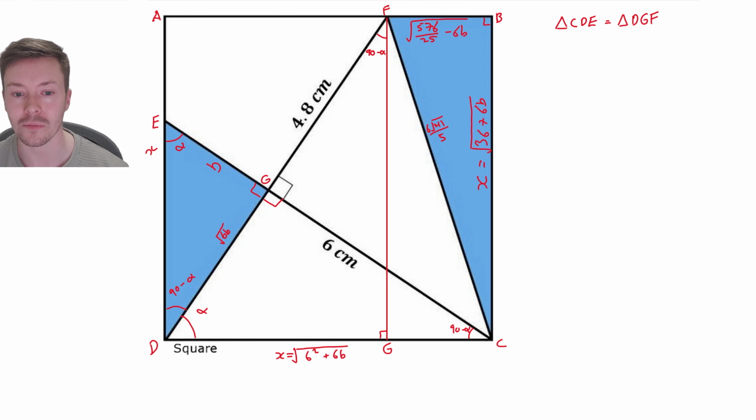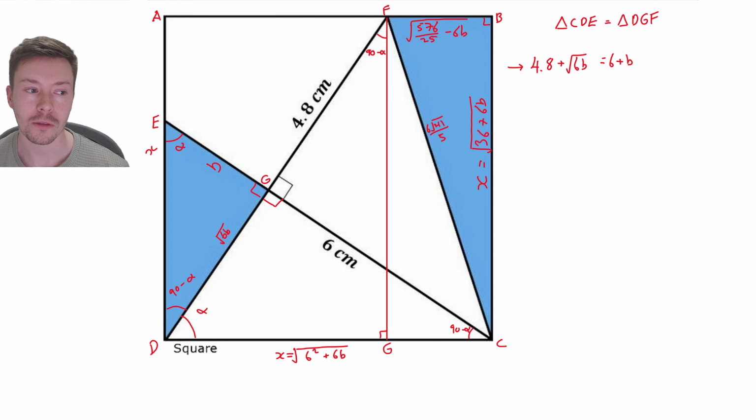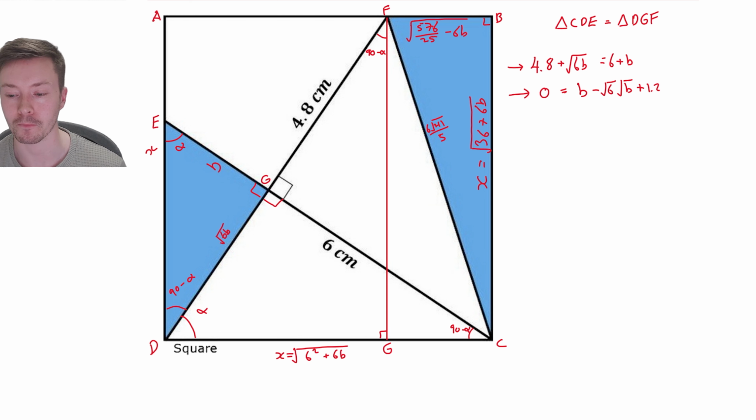Now that is the key bit, because then that allows you to equate sides. And so then you can get that the side D to F, which is 4.8 plus root 6b, is equal to side C to E, which is 6 plus b. Now, when you rearrange that, what you get is a quadratic in terms of root b, because b is root b squared, and then we've got root b, and then we've got a constant term.